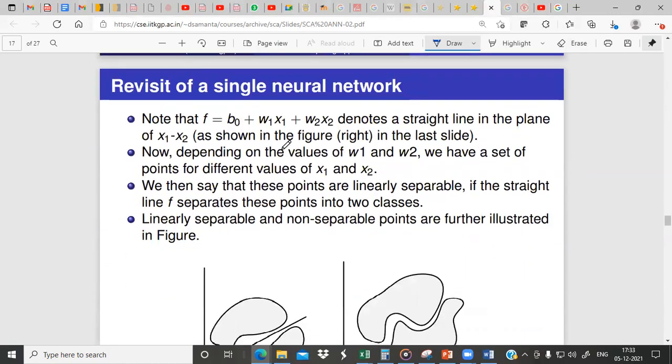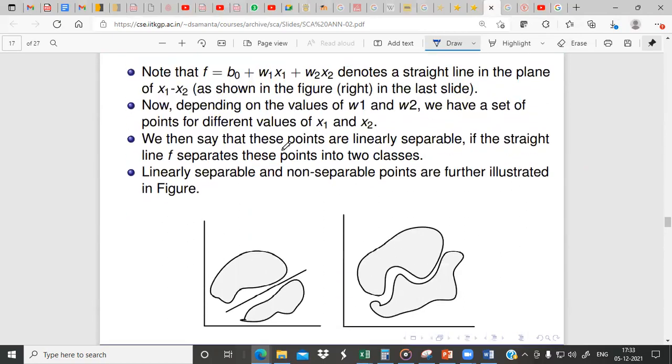Now, if you see, some of the problems are linearly separable, whereas some of the problems are not linearly separable. Say this is an example of a type of problem which is linearly separable. That is, with a straight line, you can separate the problem into two classes. Whichever solutions come to the right side of the line fall under one class.